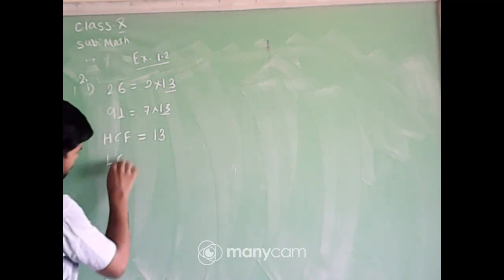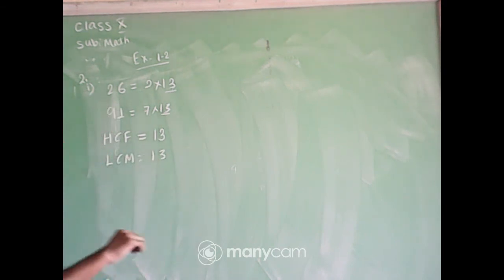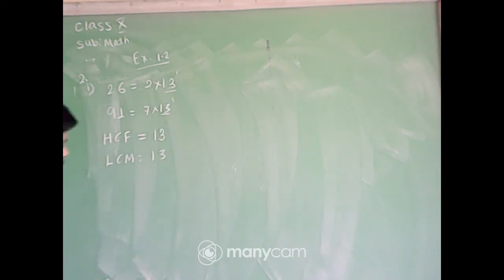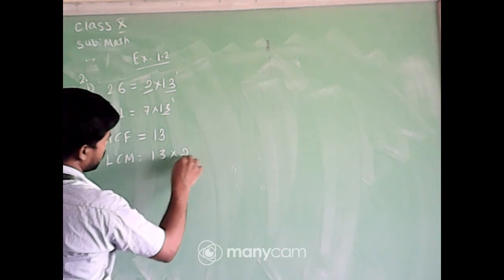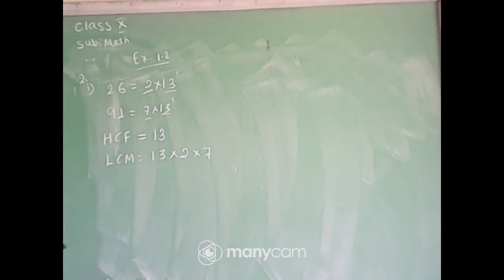And for LCM, we first write the common factors with the highest power, as here the powers are both 1, so that is 13, into the terms we have not written yet. Here 2 is not written and 7 is also not written. So the LCM is equal to 13 into 2 into 7.